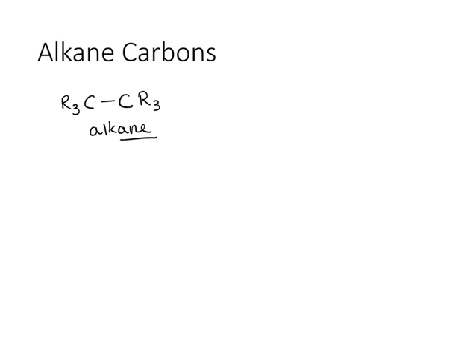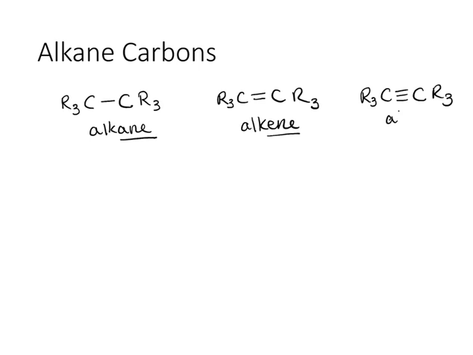Now, if you have a double bond between two carbons, then this is known as an alkene. And if you have a triple bond between two carbons, this is called an alkyne. Now, those R's that I wrote, those are just placeholders for the rest of the molecule or whatever carbon might be bonded to.